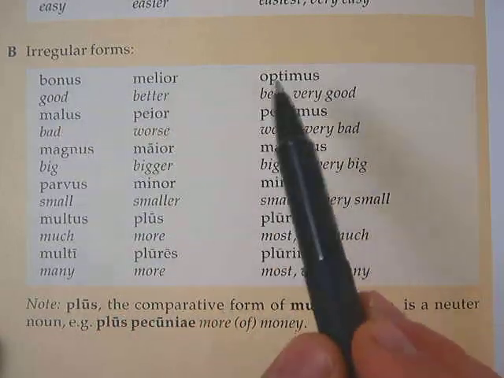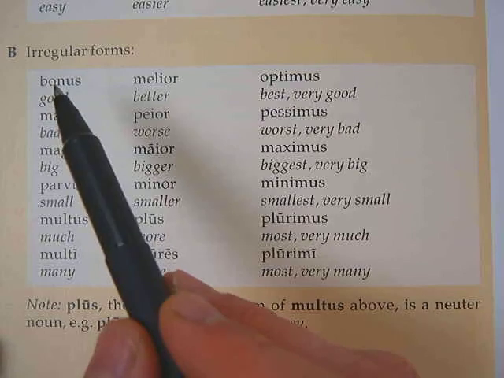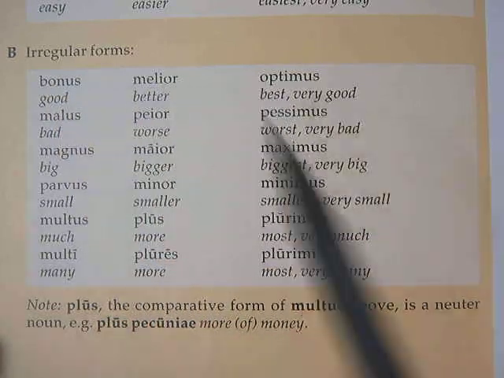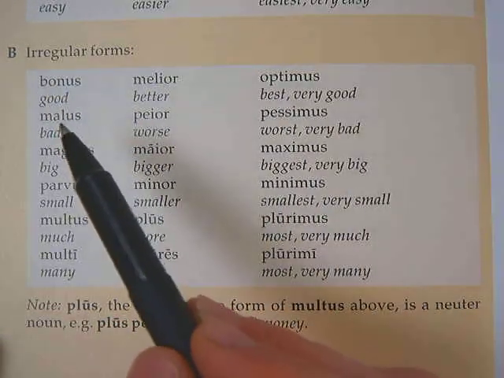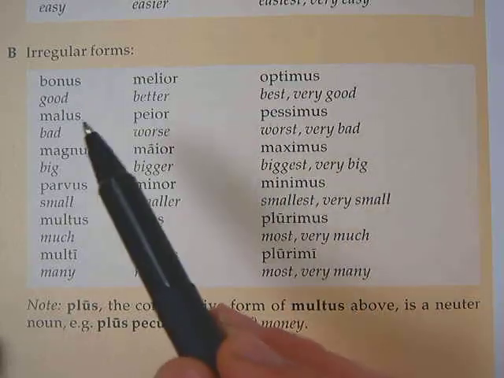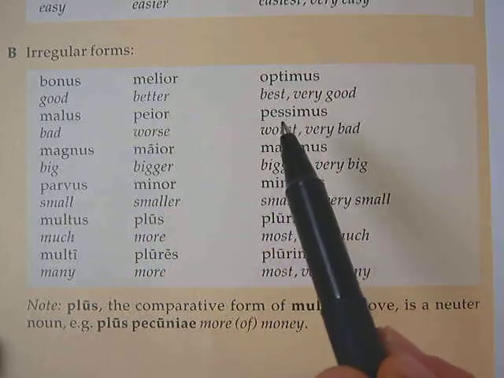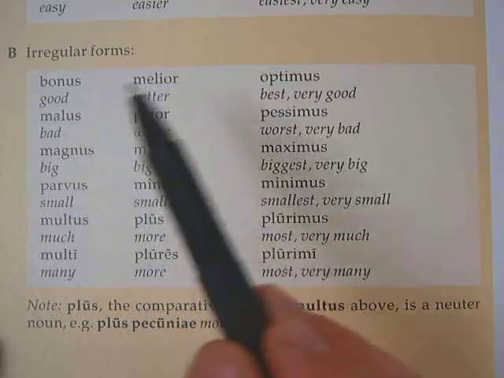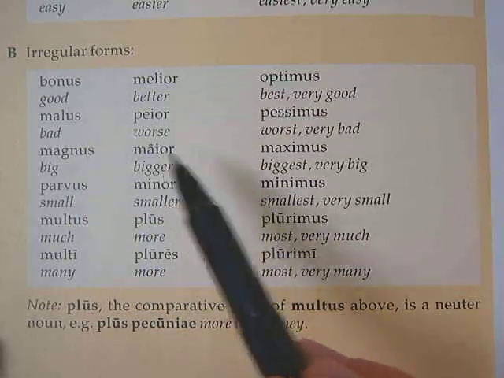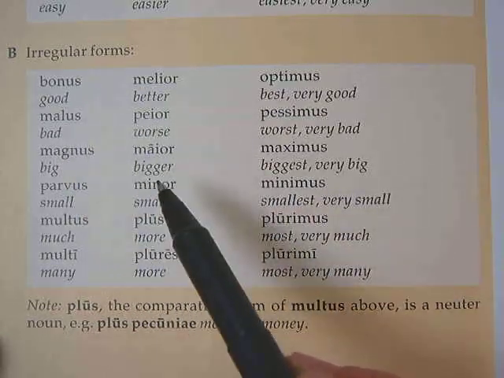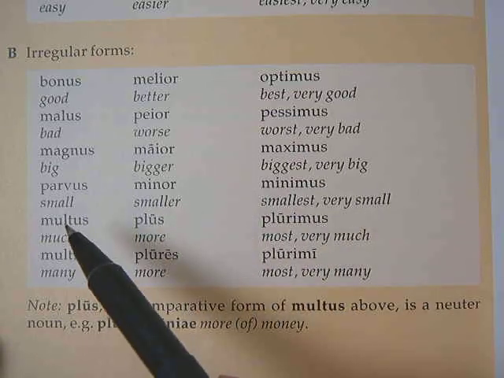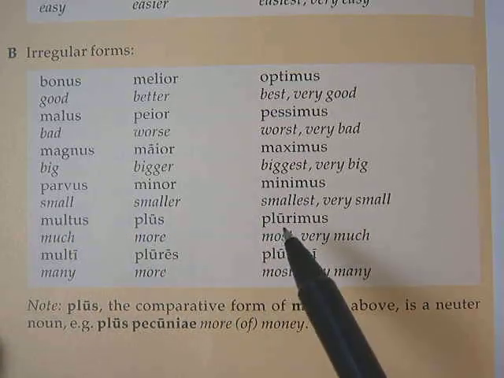But then you got those irregular forms, which you use a lot in class too, because they're very common, and there's just some adjectives that don't follow the pattern. Like bonus, you don't say bonior, bonissimus. For some reason, you say melior, optimus. Okay. Malus, you don't say malior, malissimus, you say peior, pessimus.